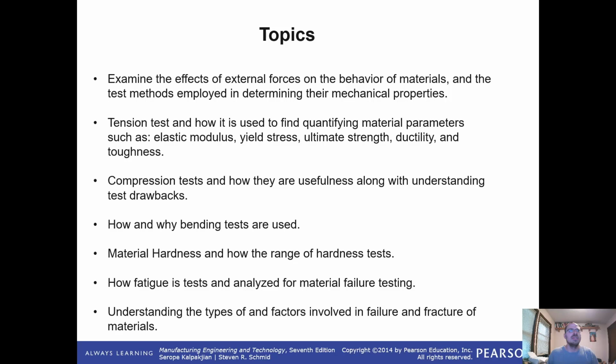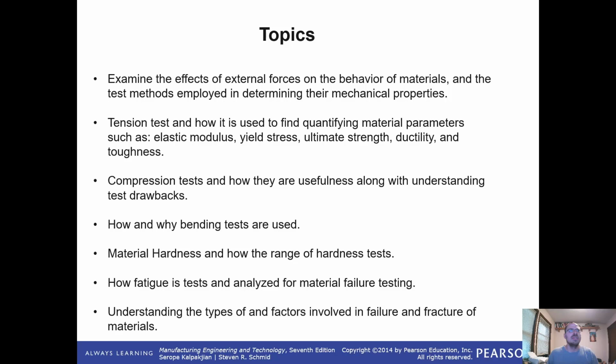So this chapter 2 is again about material testing and material behavior, properties, and so on. The topics examine the effects of external forces on the behaviors of materials and the test methods employed in determining their mechanical properties. We'll be going over essentially all the tests that are typically done and what they convey to an engineer for design purposes, what properties you can understand from the materials.